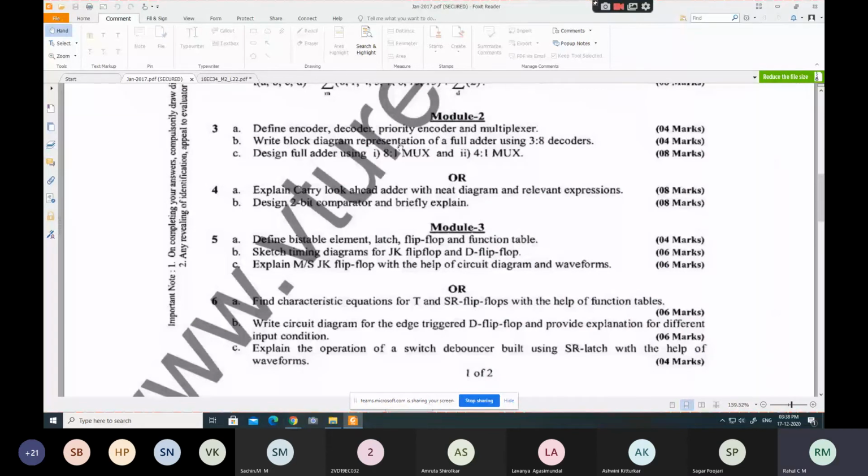Write a block diagram representation of a full adder using a 3:8 decoder. How will you solve this? Silence is considered as no answer. So, next question. I'm not going to ask this question once again.